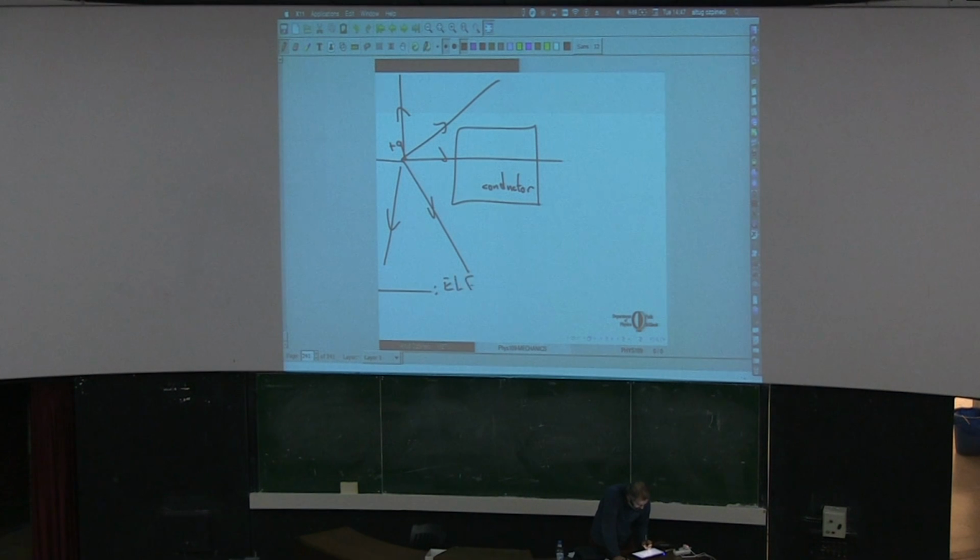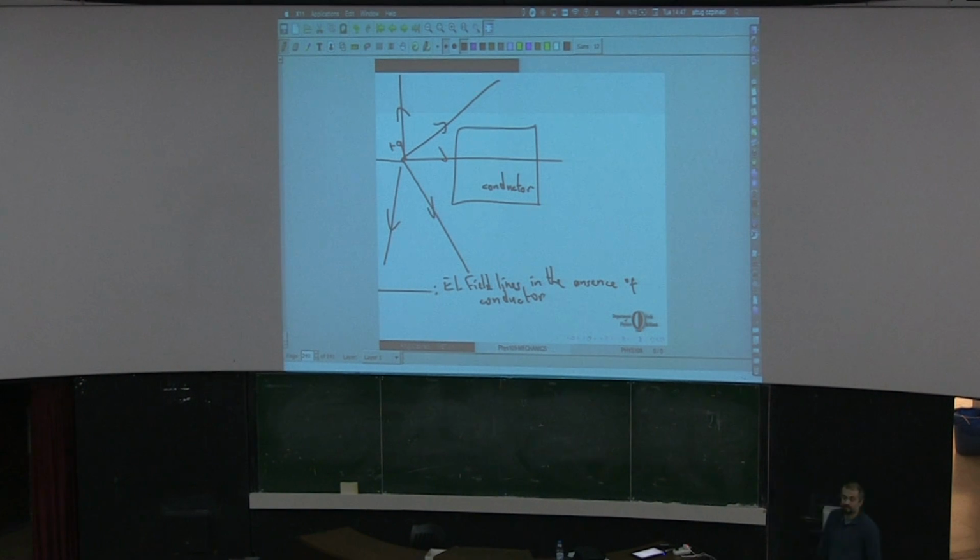So without a conductor, we have electric field lines passing through, let's say, this point. Now, what happens to that electric field line when we bring the conductor?